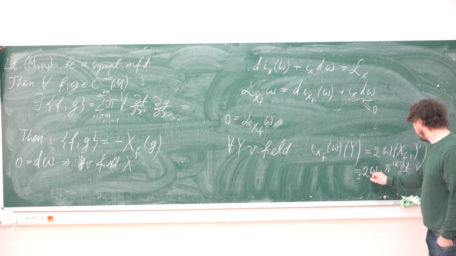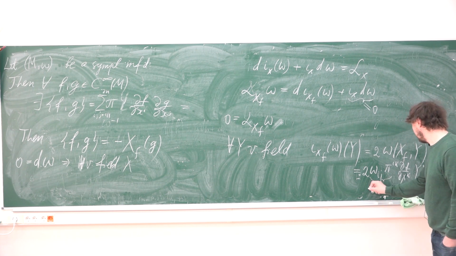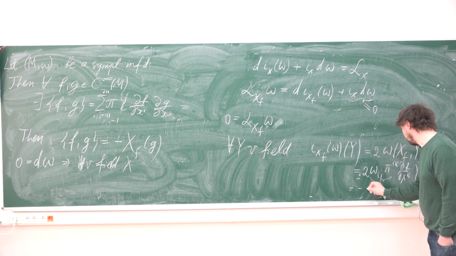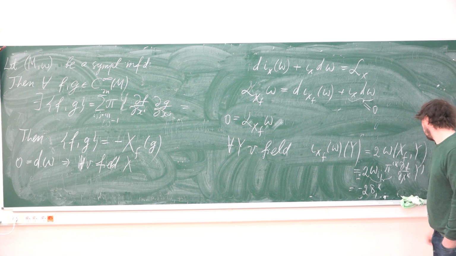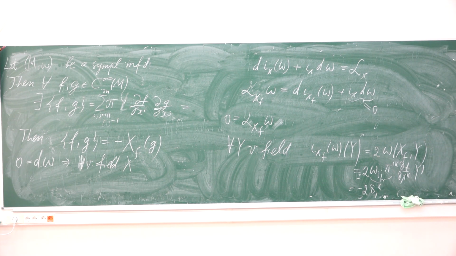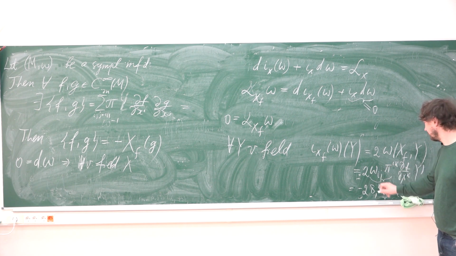Now, this is actually equal to delta up to the sign, that's minus delta jk, right? Because pi is inverse to omega.